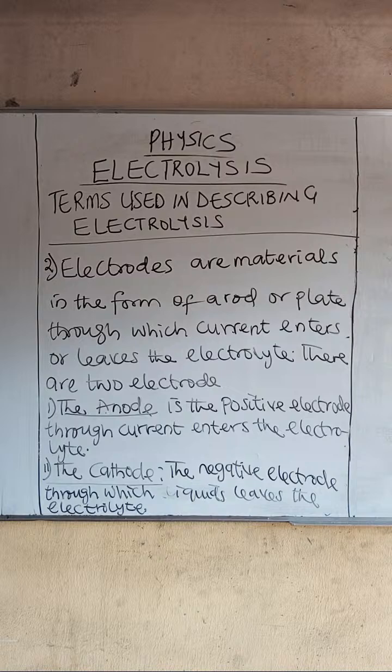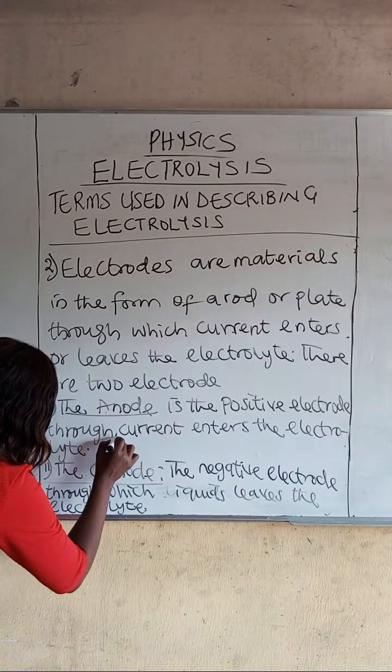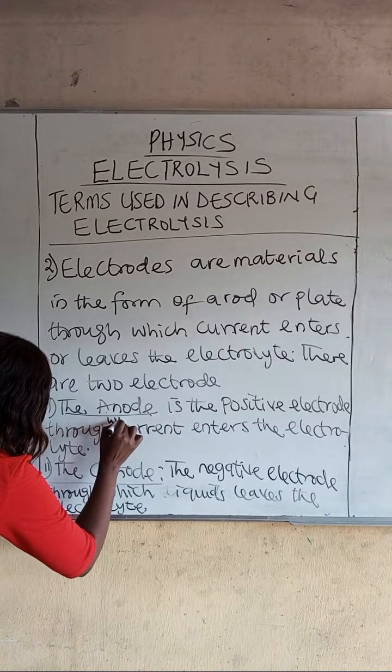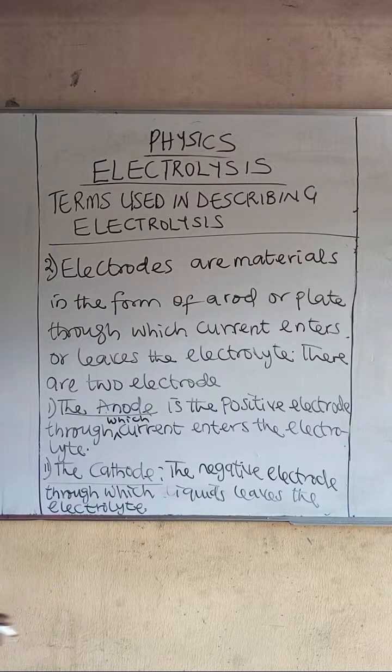Bridget Igwe, you're welcome. Obunaya Godwin says anode is a positive electrode through which current enters the electrolyte.